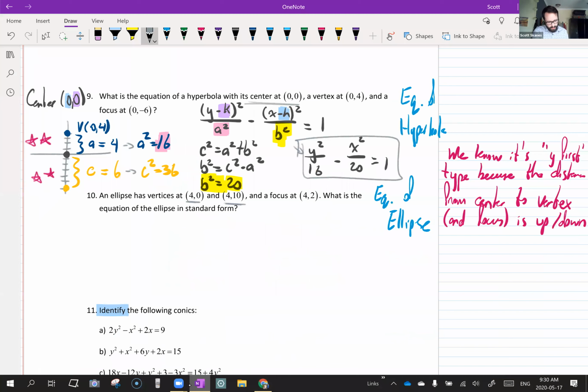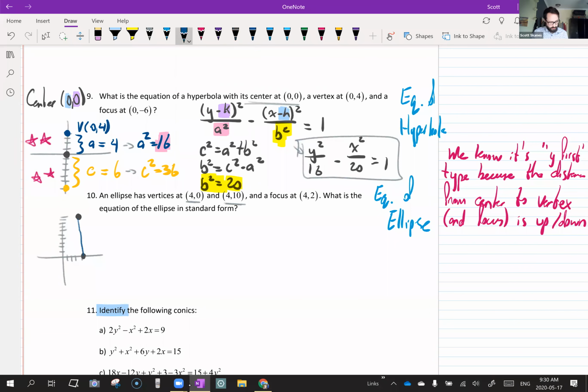Okay, so 10. Vertices at 4, 0, and 4, 10. 1, 2, 3, 4. 1, 2, 3, 4, 5, 6, 7, 8, 9, 10. So we have vertices here and here. That right away, if the vertices are there, vertices is the major axis. And so we have almost all of our information already.